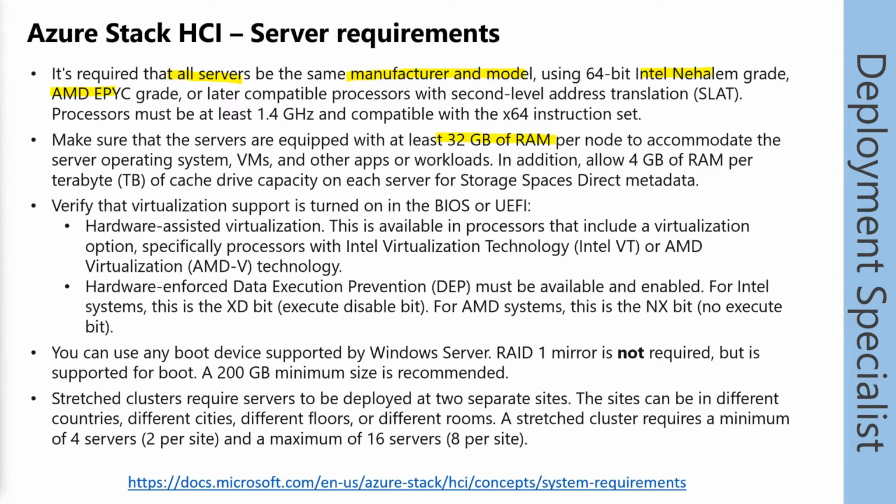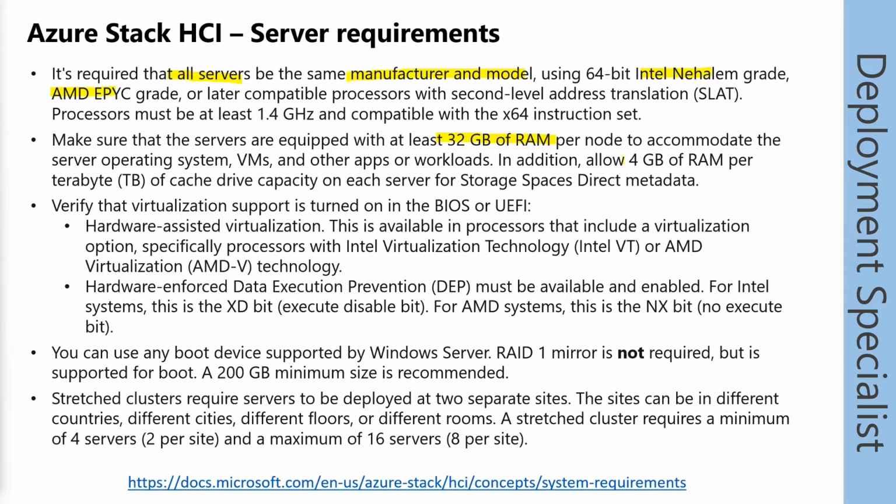Usually, you will have more memory in your servers because you want to consolidate Hyper-V virtual machine workload, virtual desktop workload and containers on these machines. And the more memory, CPU resources and storage power you have, the more you will be able to scale up. But the minimum requirement is 32 gigabytes for the server operating system, VMs, and app workloads.